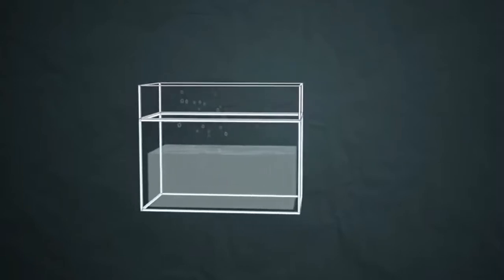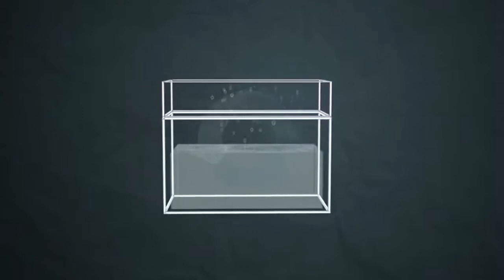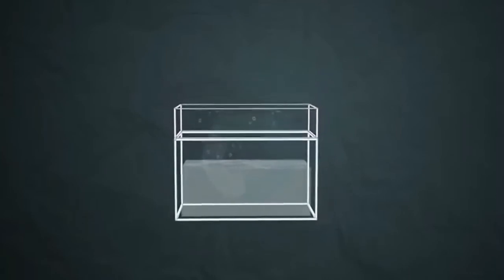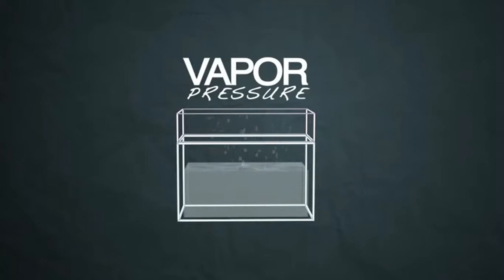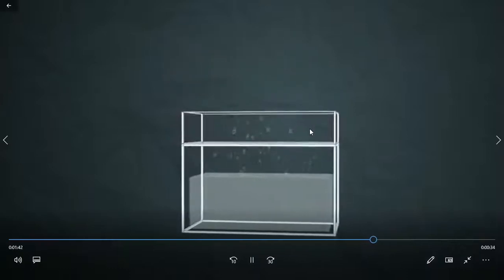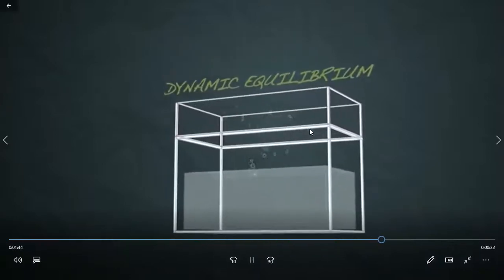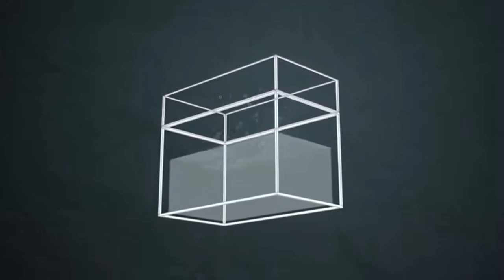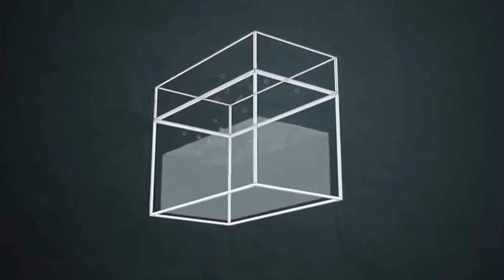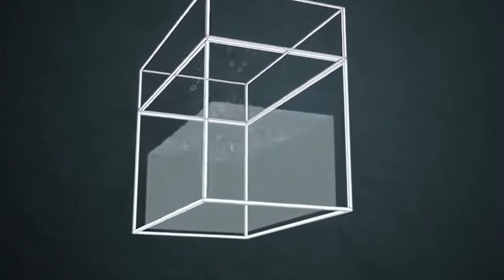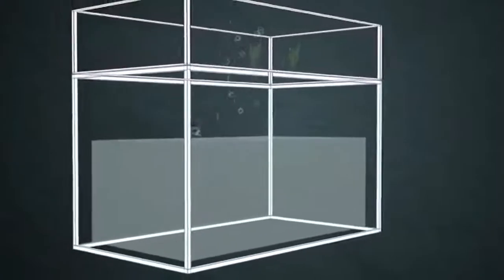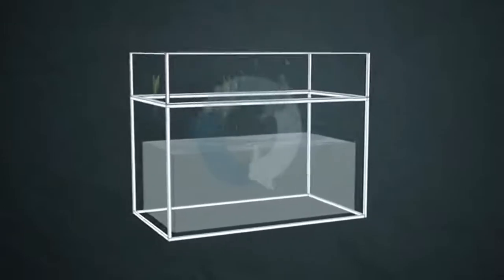So when those two rates equal, you establish a constant pressure inside your container, and that pressure is called the vapor pressure of that liquid. In the case of water, you would say it's the vapor pressure of water. It's an example of what we call dynamic equilibrium, meaning when you look at the thing, you can't tell anything's happening, but in actuality, there are billions and billions of molecules leaving the surface of the water, and there's also billions and billions re-entering, at exactly the same rate.